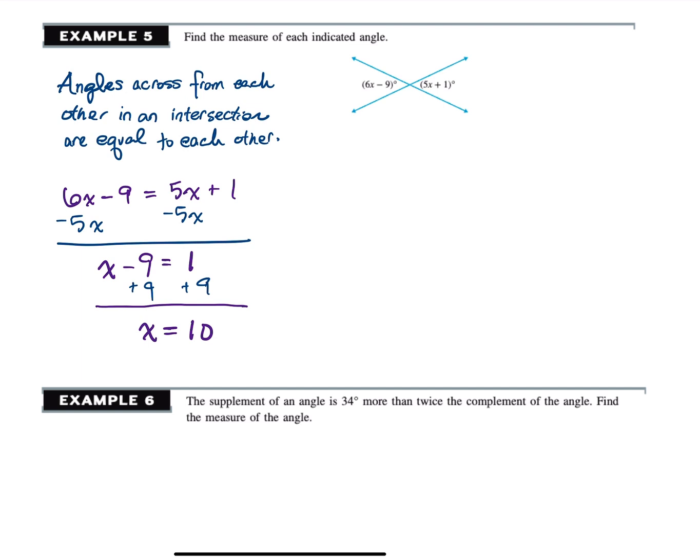So let's go and plug this in and solve. So this is 6x minus 9. So I'd plug in 10, so that would be 6 times 10 minus 9, which is 60 minus 9.